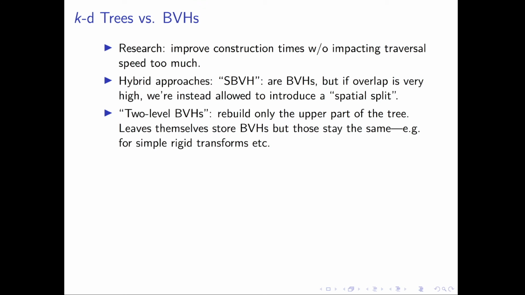There has been a lot of research into improving the construction times for a BVH without impacting the traversal speed too much, and we will discuss a little bit what that implies on one of the next slides.